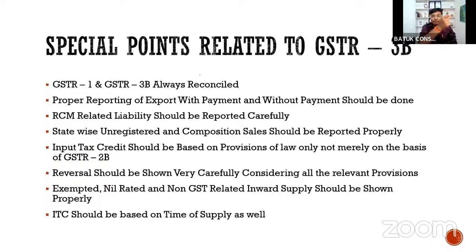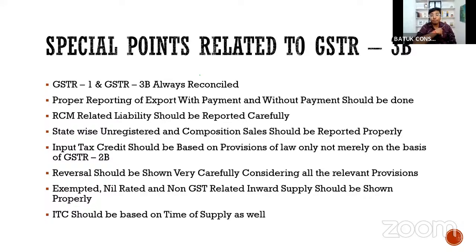From the compliance perspective, as per the data available in 2B, first we need to check. For that purpose we need to suggest to our client: sir, 2B has been generated on the 14th. Just check your 2B, and if there is any ineligible ITC or any blocked credit, pass the entry in your accounting software, generate the 3B and share it with us.